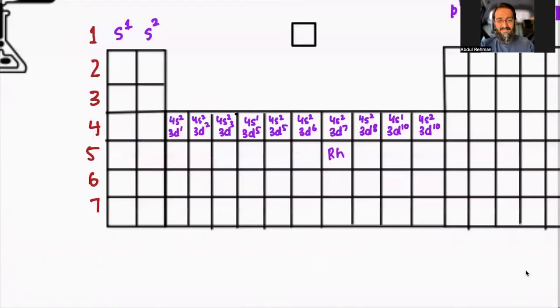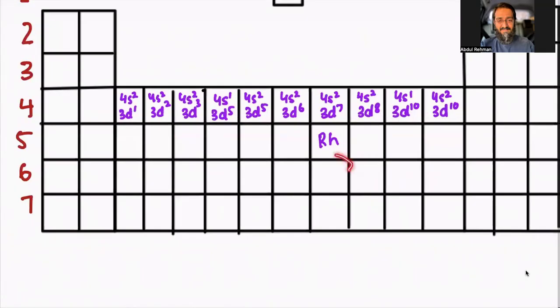So if you got this, then for example, if I look over here, I can predict its configuration, where it is going to end. If it's in the sixth row, it is going to be 6s2 and 5d7. If I look over here, it is going to be 7s2 and 6d5.